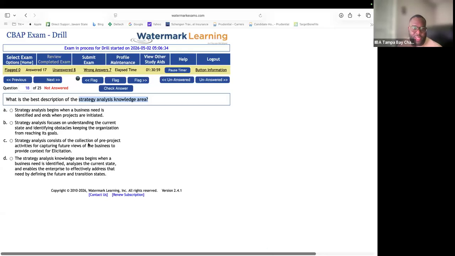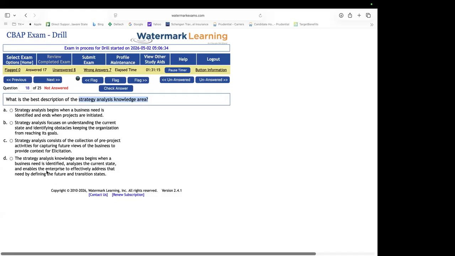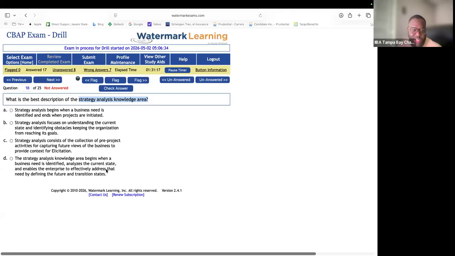C. Strategy analysis consists of a collection of pre-project activities for capturing future views of the business to provide context for elicitation. D. The strategy analysis knowledge area begins when a business need is identified and analyzes the current state and enables the enterprise to effectively address that need by defining the future and transition state.